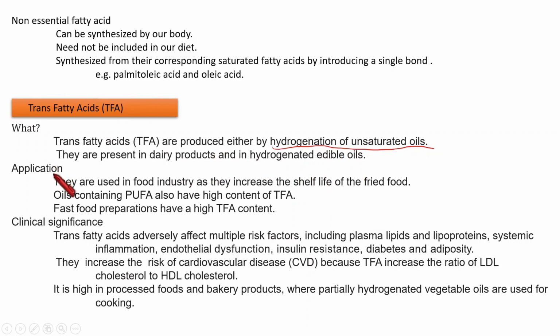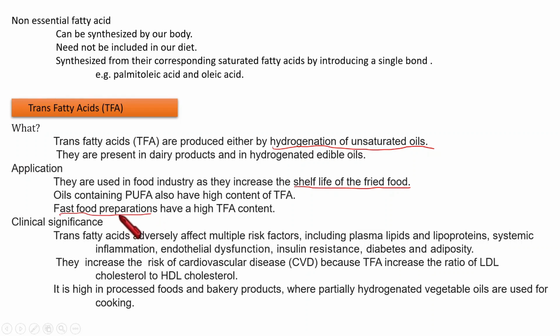What is the application of these trans fatty acids, or in which places are they used? They are especially used in the food industry. Why? Because they increase the shelf life of fried food. That's why everybody advises avoiding fast food whenever possible.